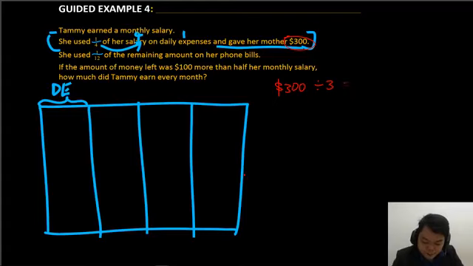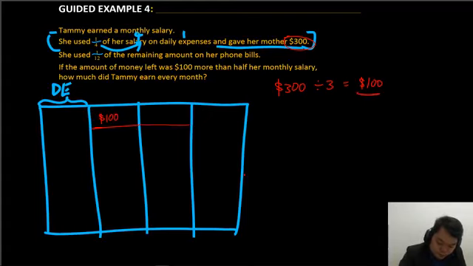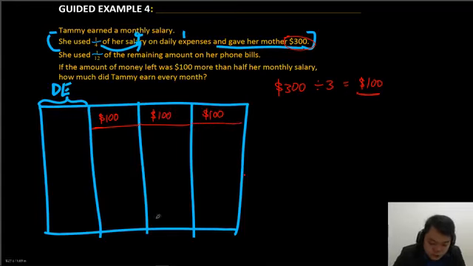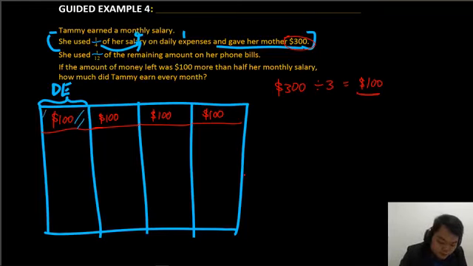So if we take out $100 from each of these columns, this would represent the amount of money that she gave her mom. And whenever we do this for one of the blue columns, we have to do it for the remaining blue columns as well. So this one was spent on daily expenses, and this one was given to the mother.